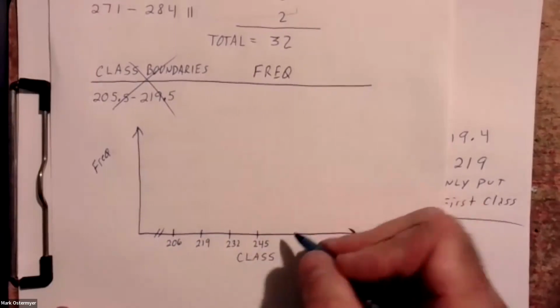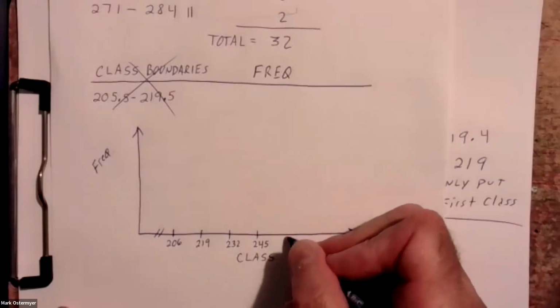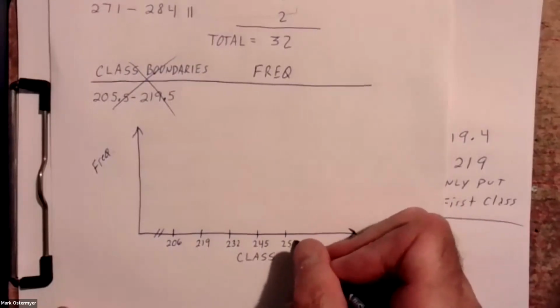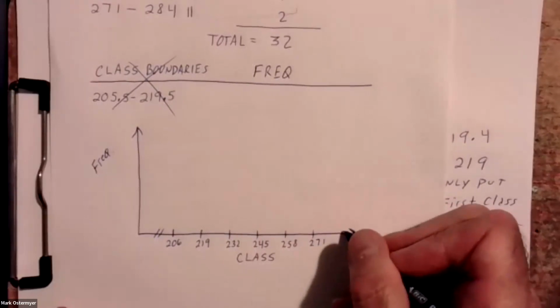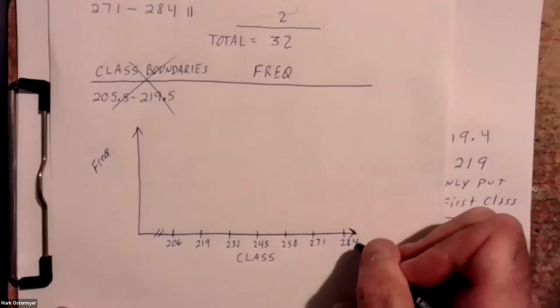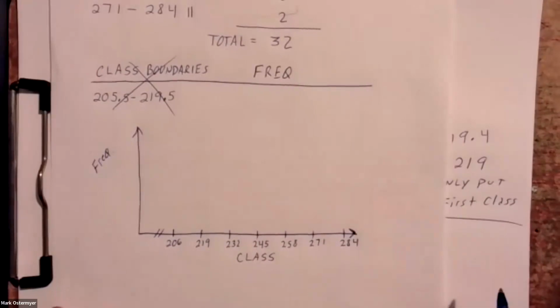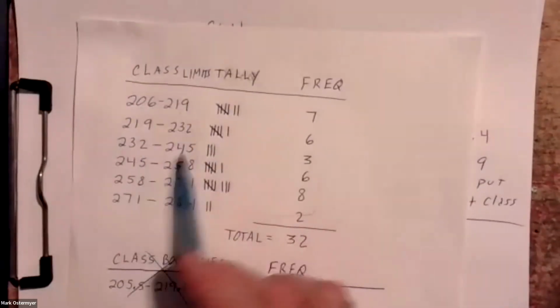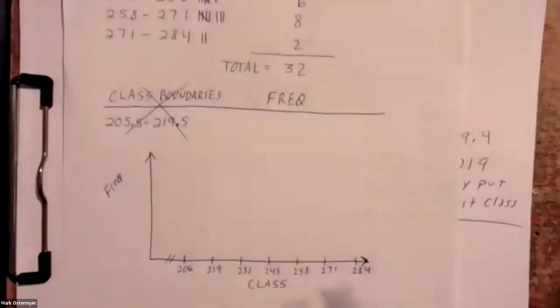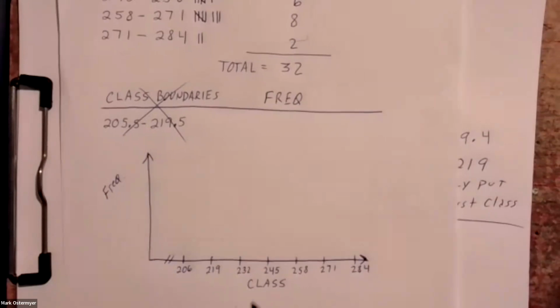And 245, we can go up to 258. 258 to 271. And then to 284. Okay. All right. So that's how you can lay these off with your class limits here. All right. And this is your first class, second class, third class, etc.